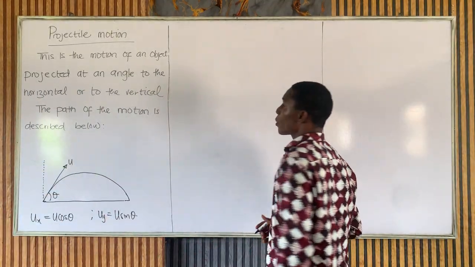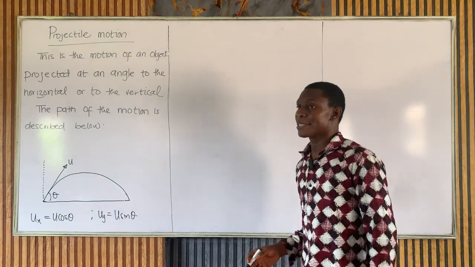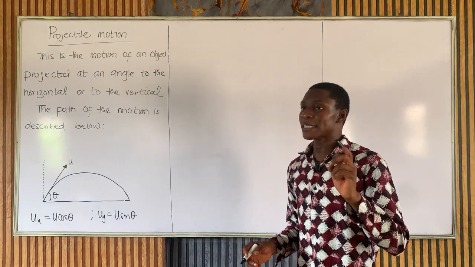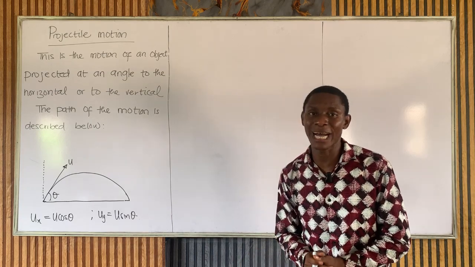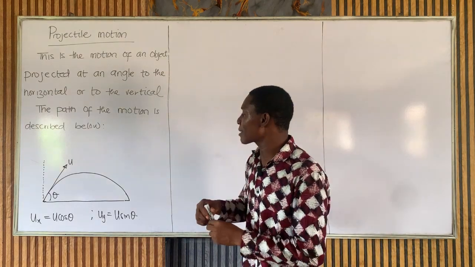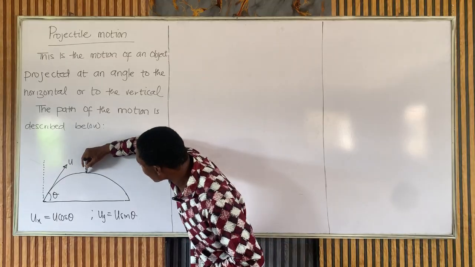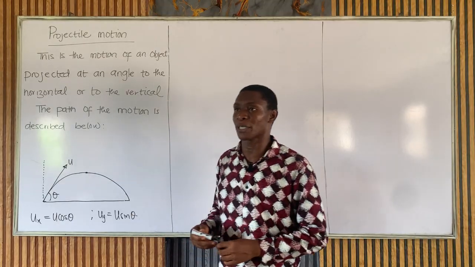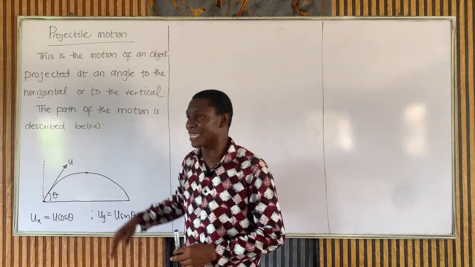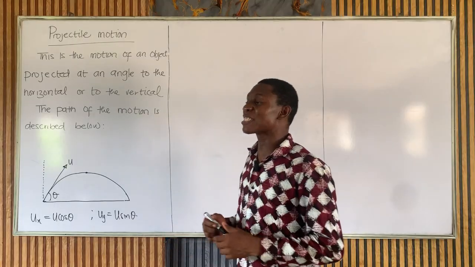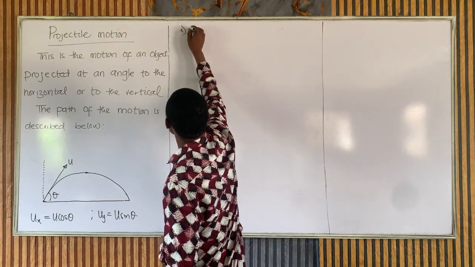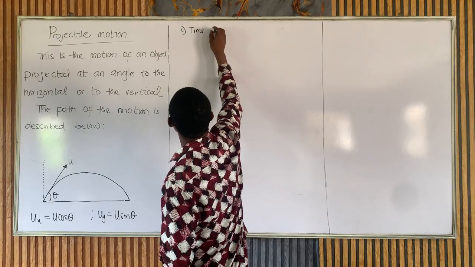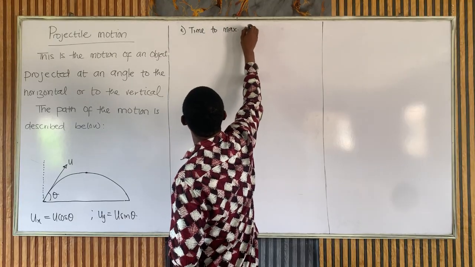Now, if we want to obtain the time to maximum height for a projectile, how do we do that? I'm saying the time taken to get to the maximum height. You see, the center of the projectile path is the maximum height of the projectile. That's the highest height it attains. First, time to maximum height.